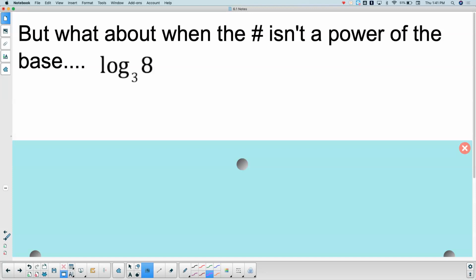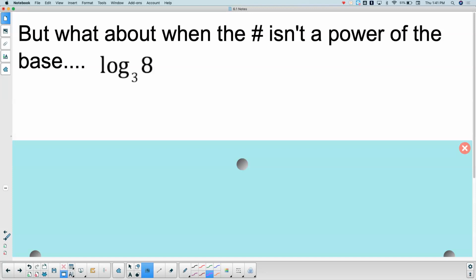Okay. 1.9, somewhere in that range. How do we know that it's between 1 and 2? 3 squared is 9, and 3 to the first is 3. And 8 is between 3 and 9. Closer to 9, so it should be closer to 2.